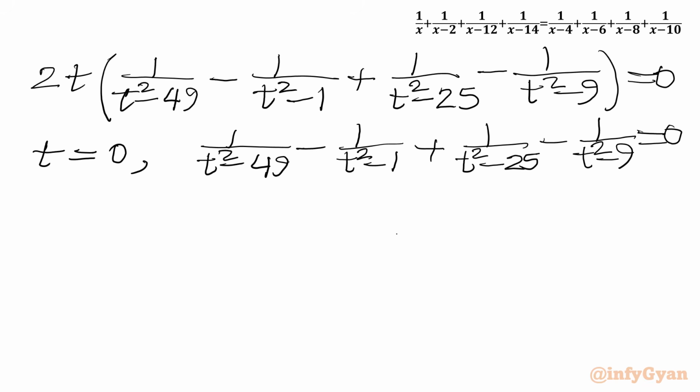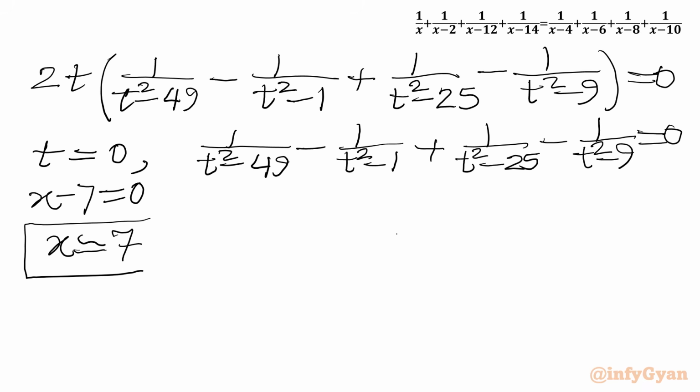Now t is 0. t was our substitution. x minus 7 equal to 0. So x will become 7. So our first real solution is x equal to 7, which is not there in the restricted list. Now we can assume t square equal to u.